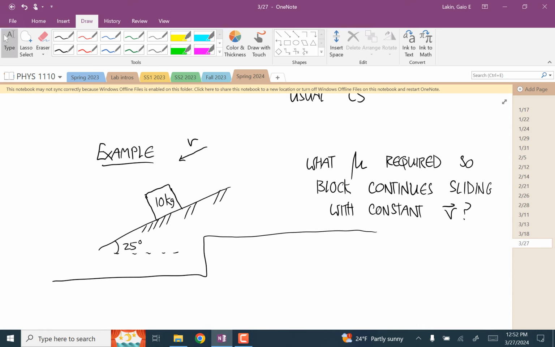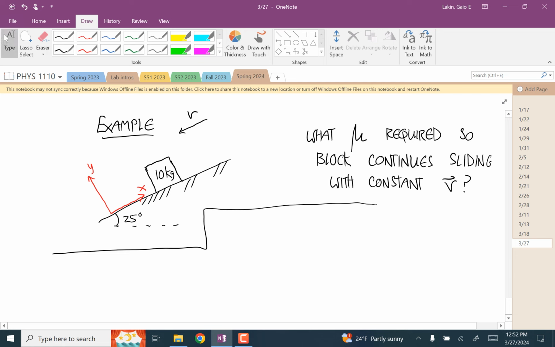The coordinate system has y-axis out of the surface. That means x-axis is up the incline. The weight force is like that.